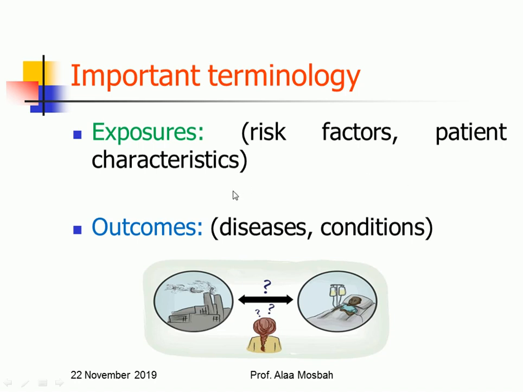So the congenital heart disease in the fetus is the outcome, and gestational diabetes is the exposure. Okay, so this terminology is very important to understand the different types of study, as you will see later on.